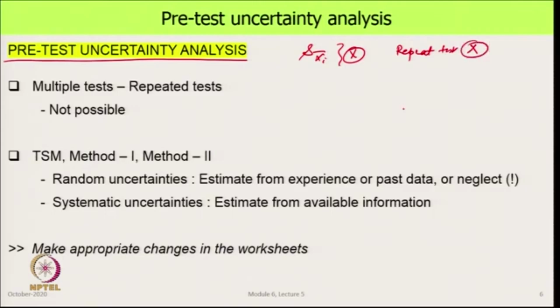So, none of the three methods for uncertainty analysis strictly in the whole sense are applicable in this case. So, that is what we have put here, multiple tests just not possible, forget about it. We could use this with caution, the caution being that random uncertainties need to be estimated from experience or past data or neglected. So, you have either this option or this option or this option.